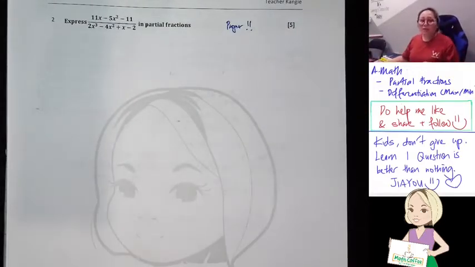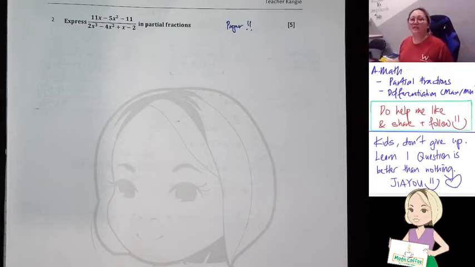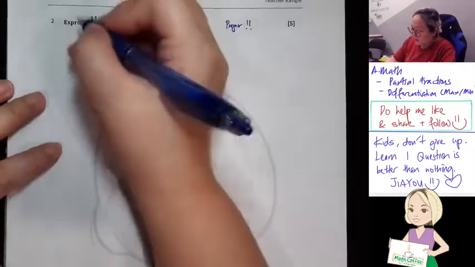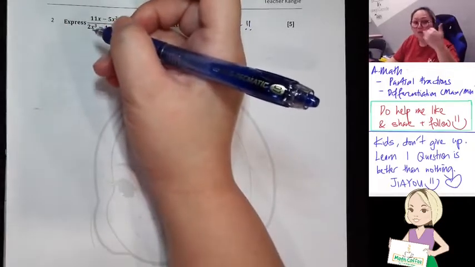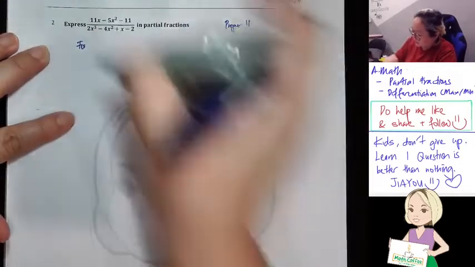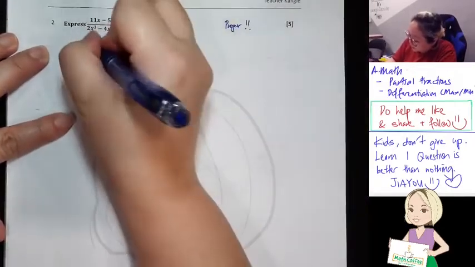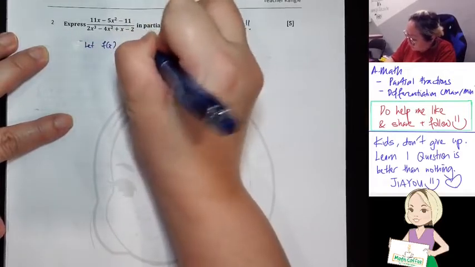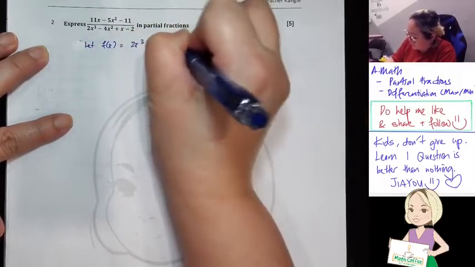But the bad news is my denominator is not factorized yet. So we will have to factorize the denominator first. In this case, I will use the polynomial. I'm going to let f(x) equals to 2x cubed minus 4x squared plus x minus 2.